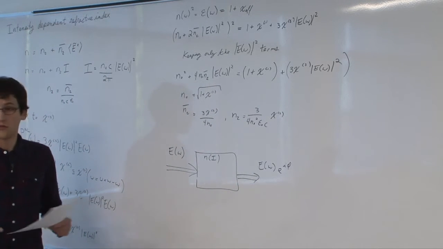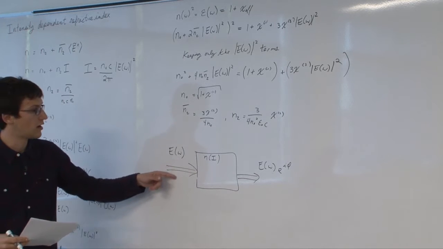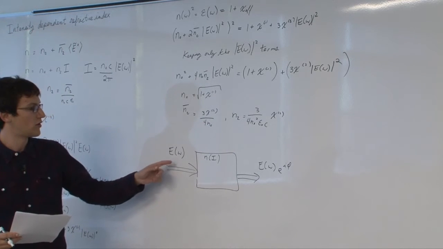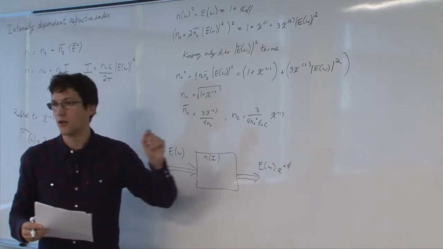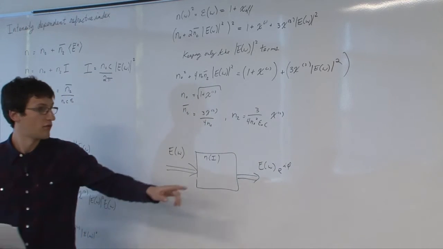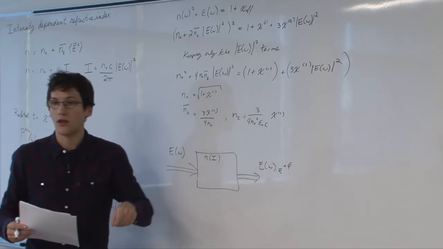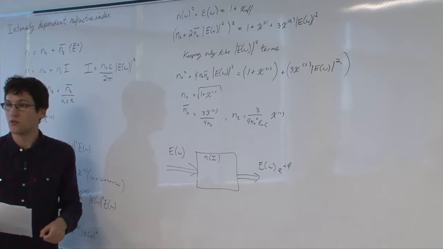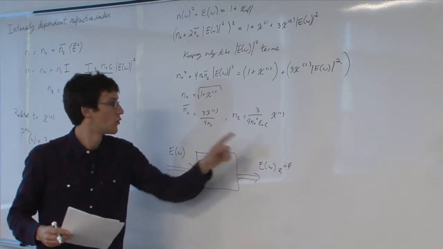And so if you wanted, you could make an interference between this and the input beam, and determine the value of phi.